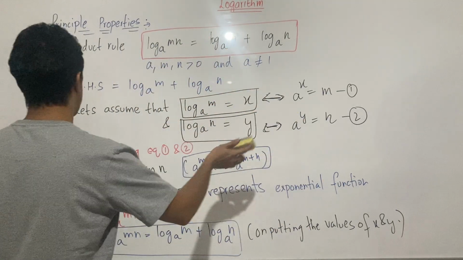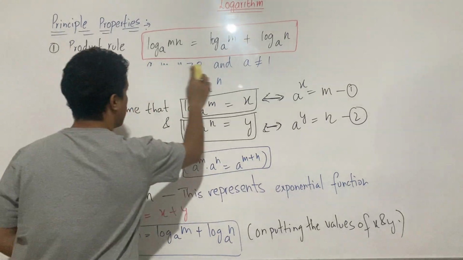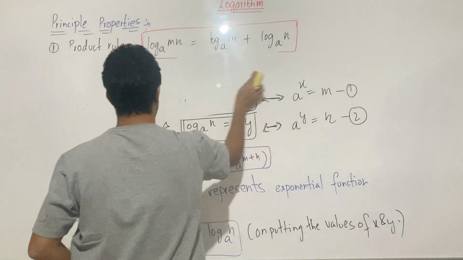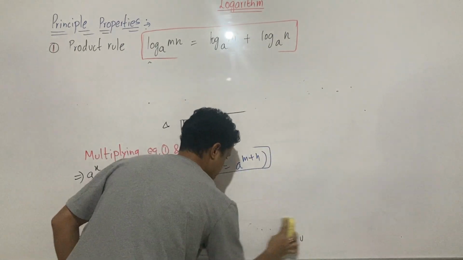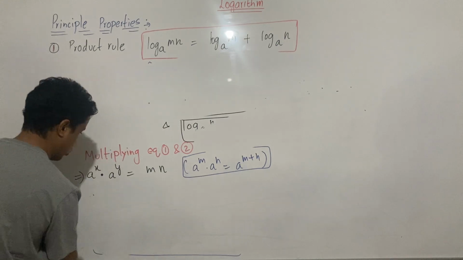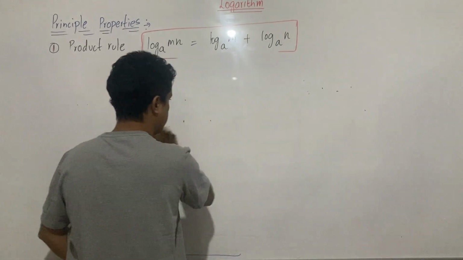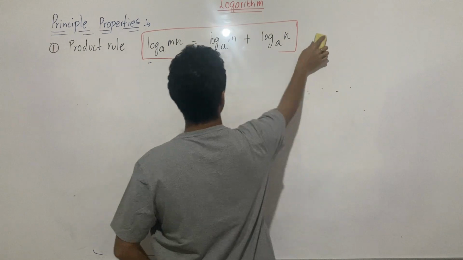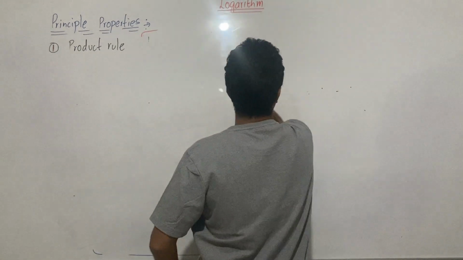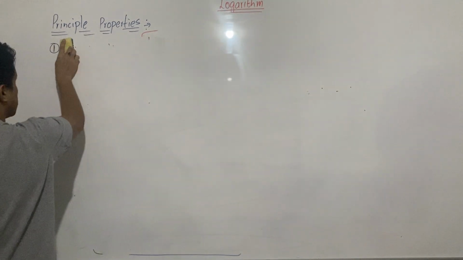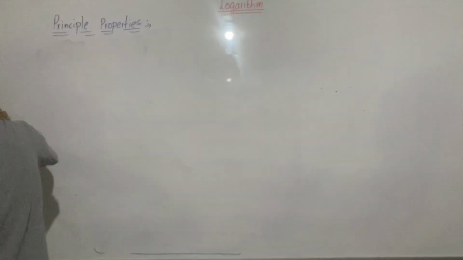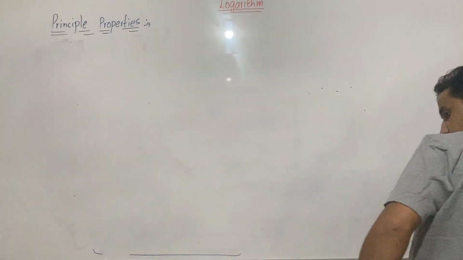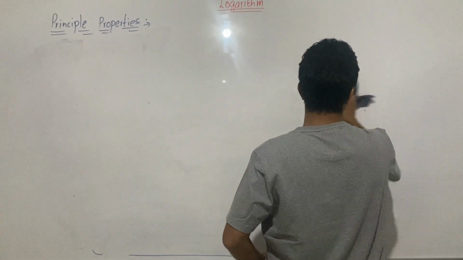Now let's go to the next property. Our next property is quotient rule.